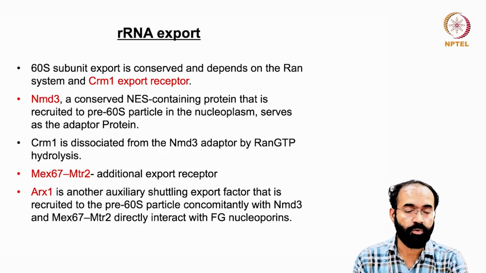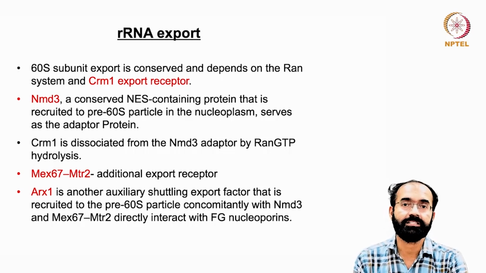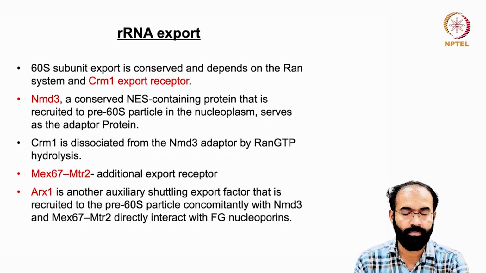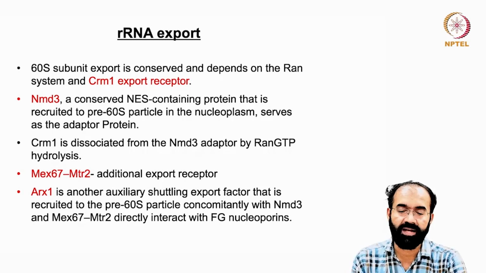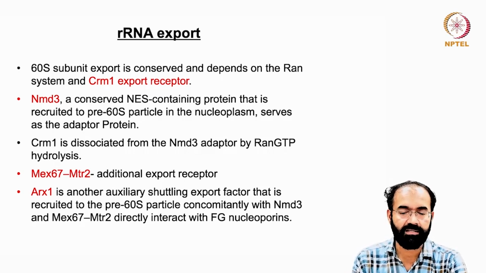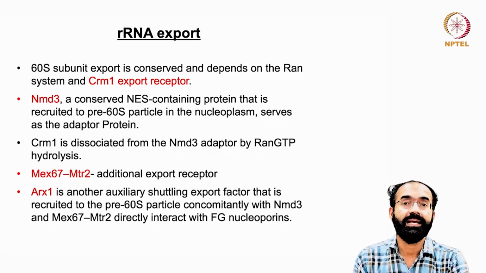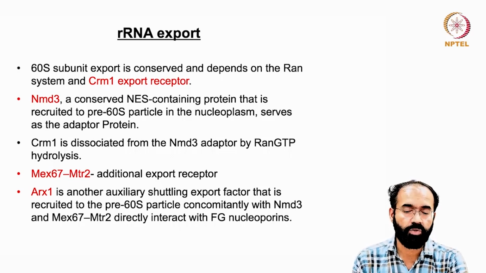And then two more proteins, that is MEX67 and MTR2, additional export receptors, also join this complex. And finally there is ARX1, which is the auxiliary protein export factor that is recruited to the pre-60S particle subsequently, with NMD3 and the MEX67-MTR2 dimer, and they directly interact with the FG nucleoporins.